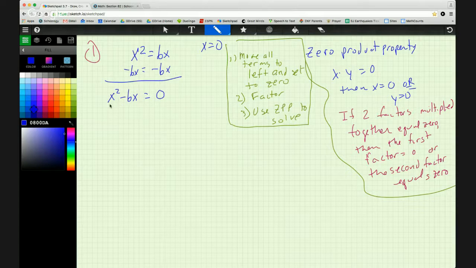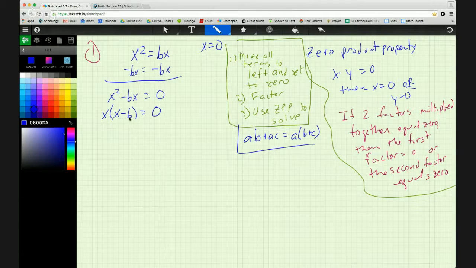Every time we factor, we're going to factor something that looks like a times b plus a times c equals a times b plus c. In this case, the common thing is an x. We have an x in the first term and the second term. So we have x times x minus 6 equals 0.